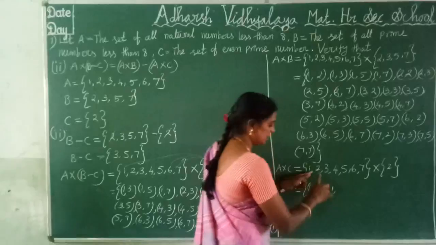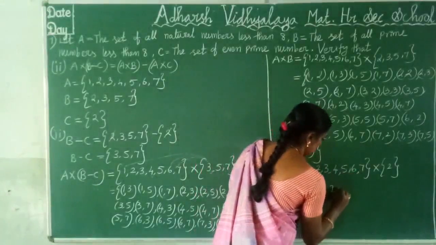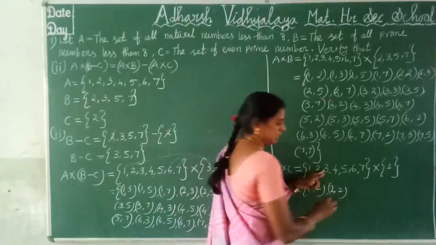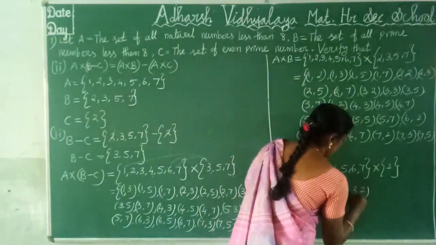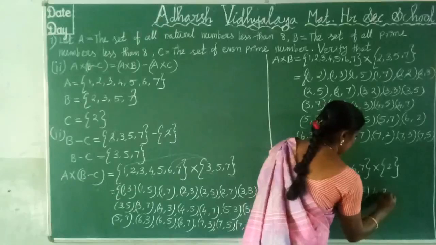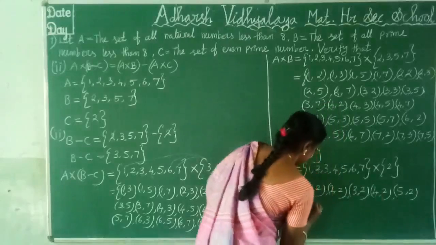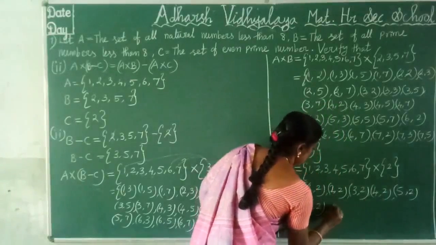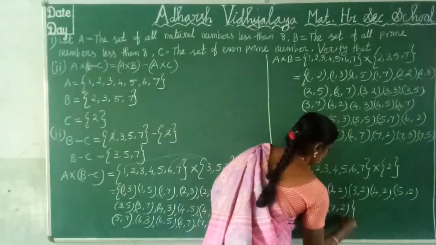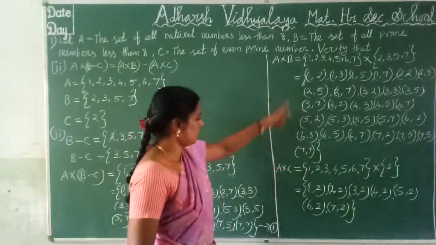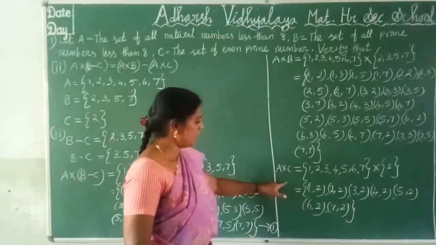That's all, 1 is over. Next (2,2). Next we take (3,2). Next (4,2). Next (5,2). Next (6,2). Next (7,2). So A cross B and A cross C are completed.